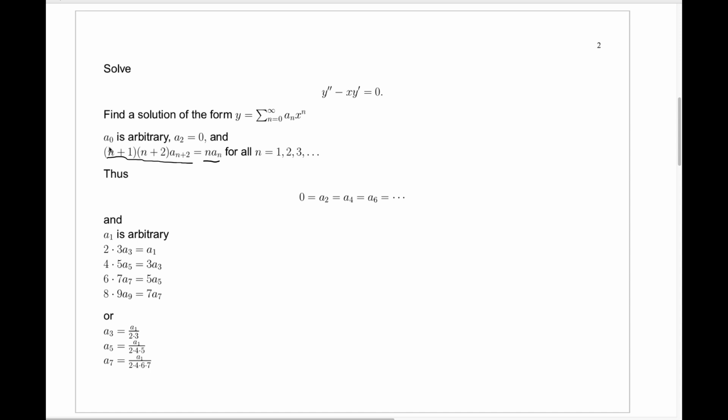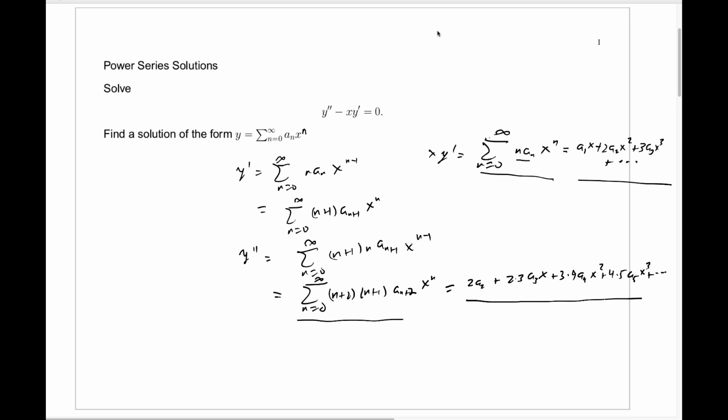Notice that a naught is arbitrary. Sorry for flipping back and forth. A naught is arbitrary because none of these conditions of equating this with this say anything about a naught. It's not just true that a naught is arbitrary, since we get no statement about a naught. This constant term here must be 0 since there is no constant term there.